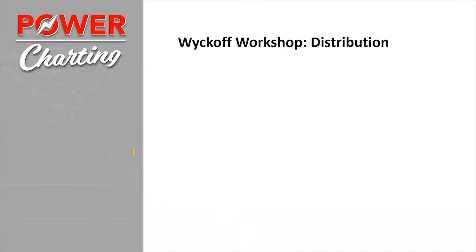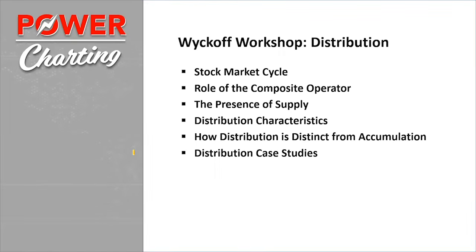So in our distribution workshop, through the course of these slides, and I have more slides than I can cover in the time that I have, I apologize, we're going to talk about the stock market cycle, the role of the composite operator in distribution, how they work, the presence of supply, how to identify it, and distribution characteristics that tell us that the composite operator types are at work distributing their stock into the market.